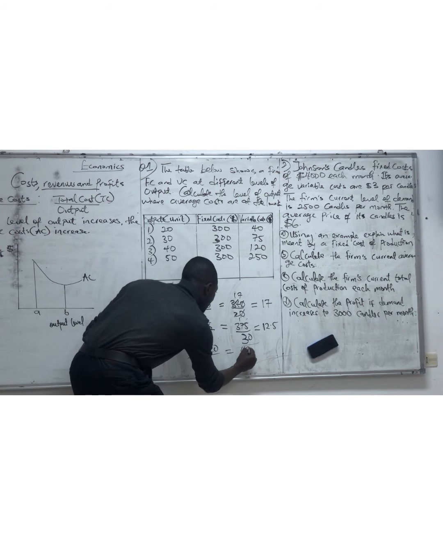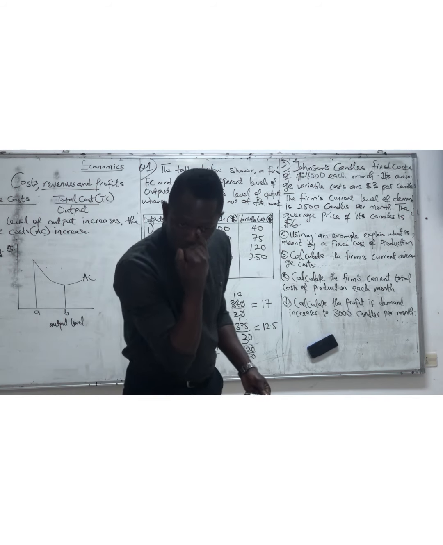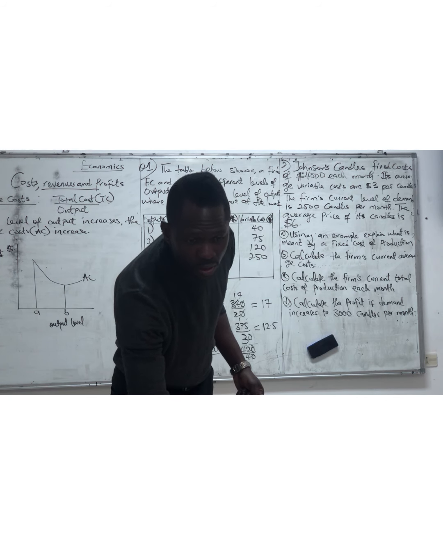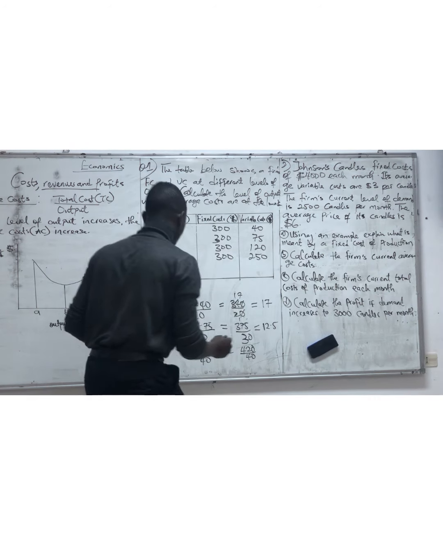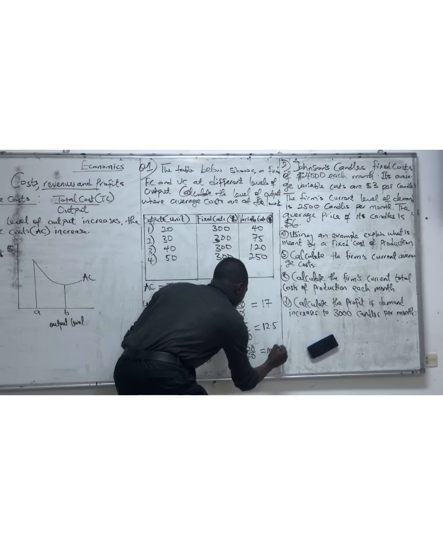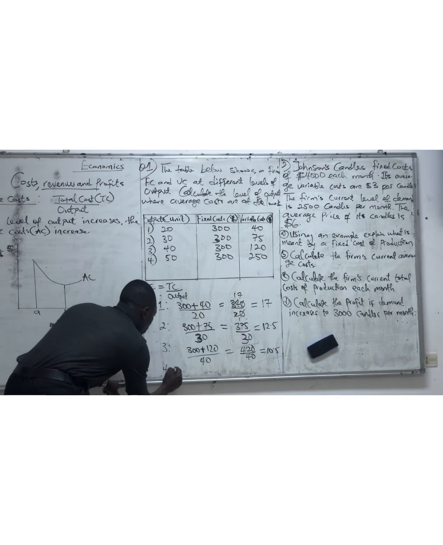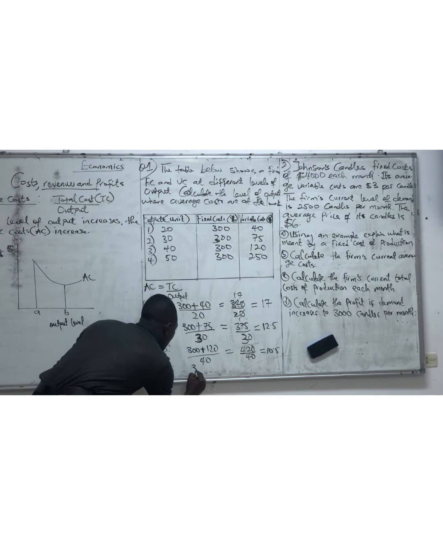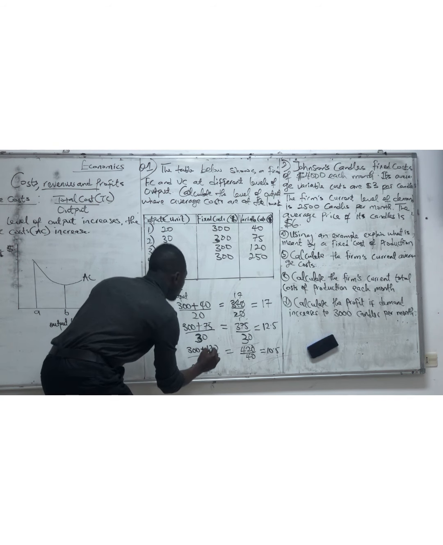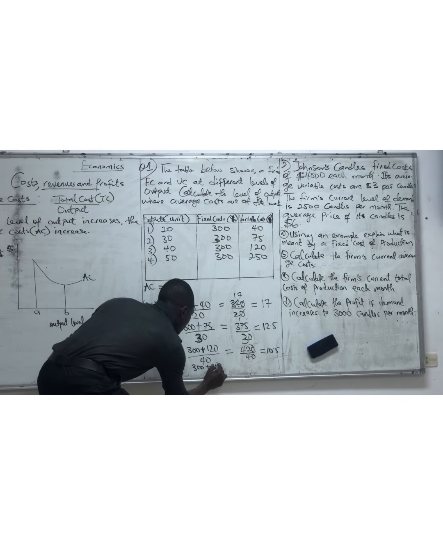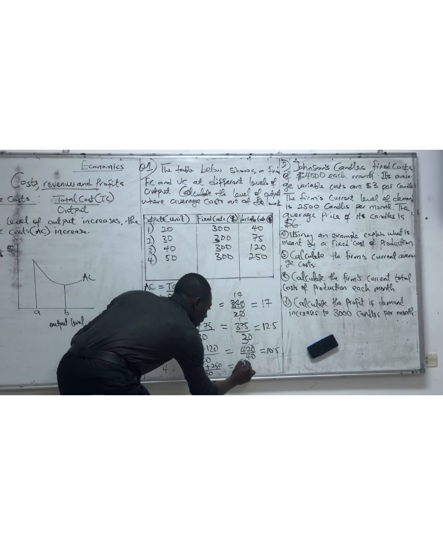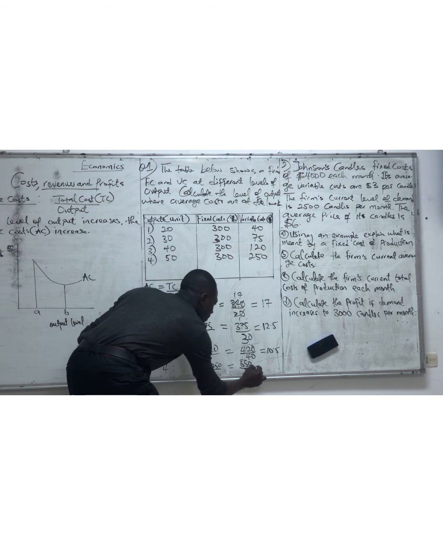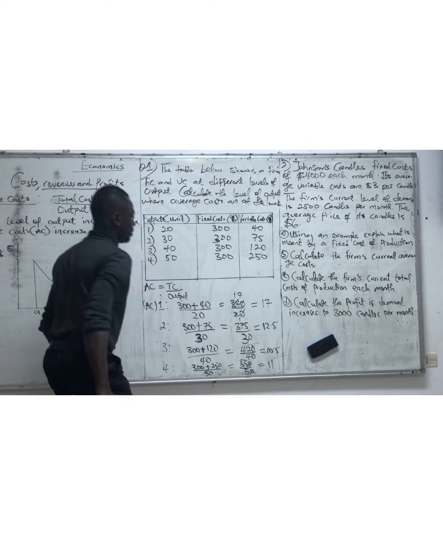That's 420 divided by 40, which is 10.5. Then AC4. We have 300 plus 250 divided by 50, which equals 550 divided by 50. That's 11. Right?